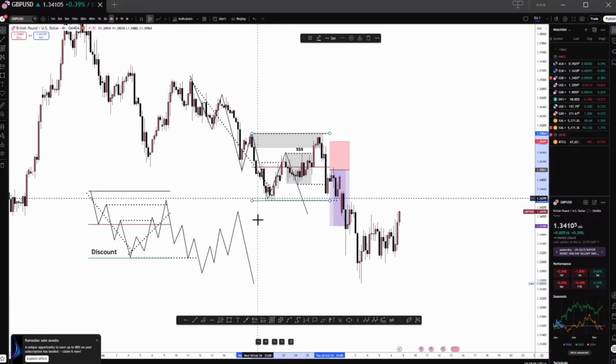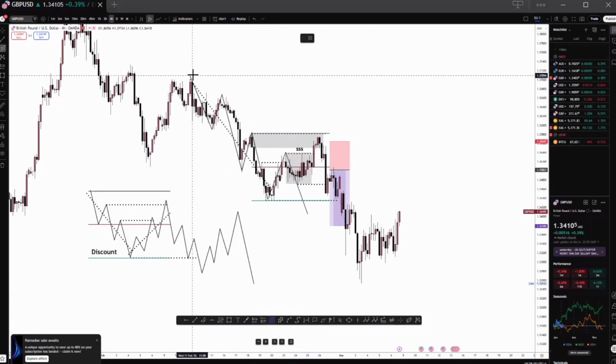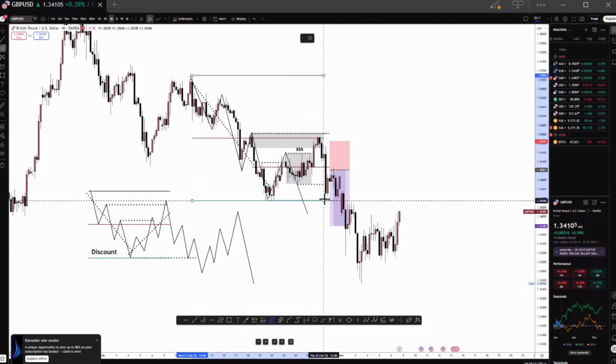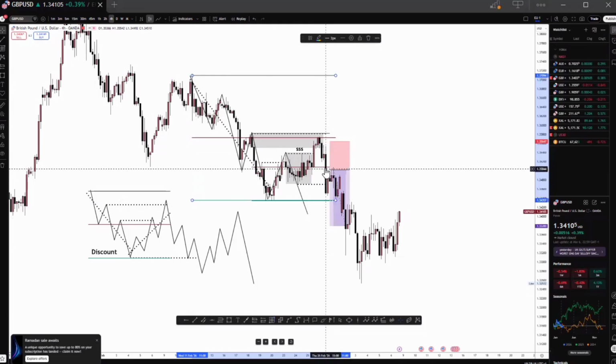Did you understand? Before we would mention or measure the premium of this range, which as you can see is happening at the 50%, we have to make sure that this internal range has been broken, or that this internal range is still valid.